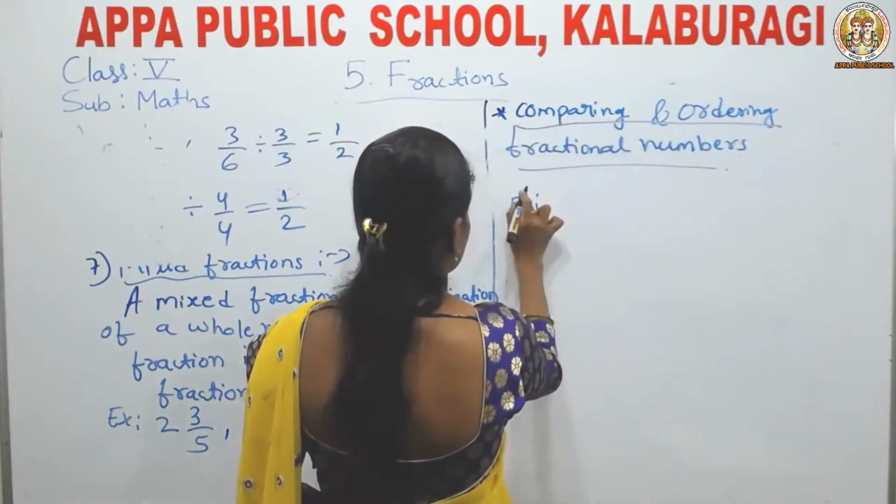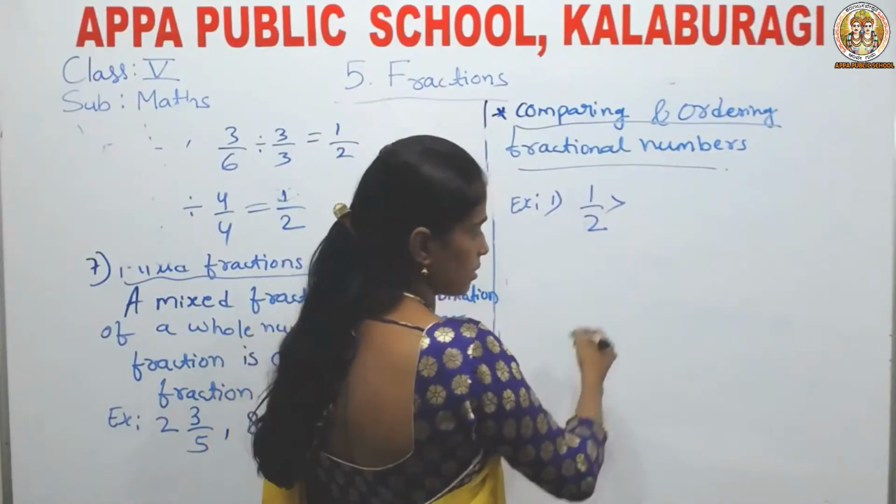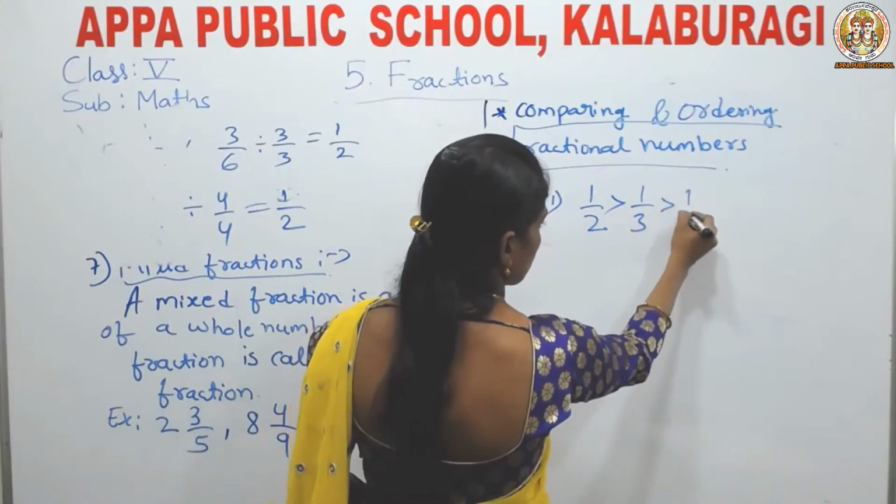First one, for example, 1 by 2 is greater than 1 by 3 is greater than 1 by 4.